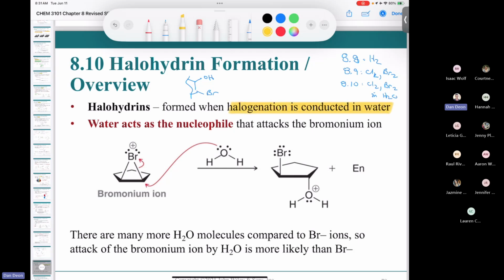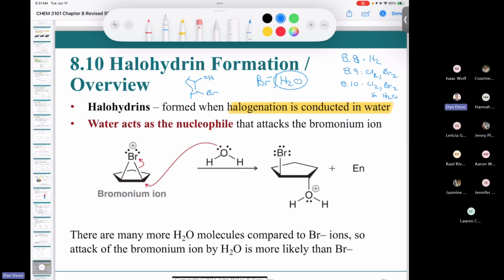Now, why would that happen? The reason is because when you form your bromonium ion, or your chloronium ion, it doesn't matter, if you do the reaction in water, if water is your solvent, what's going to be present in a greater amount? The bromide ion or water? Water is the solvent, so it's present in a much greater quantity.